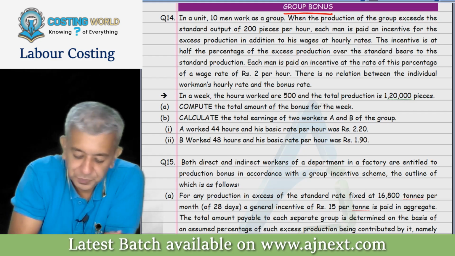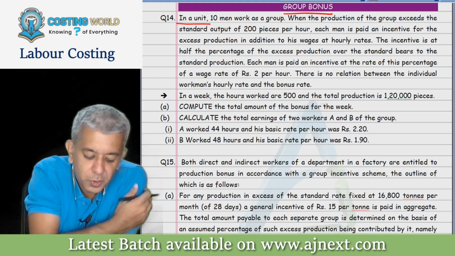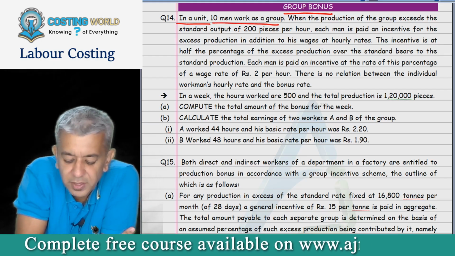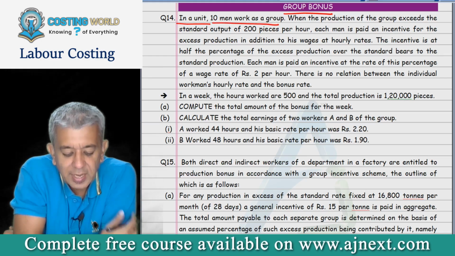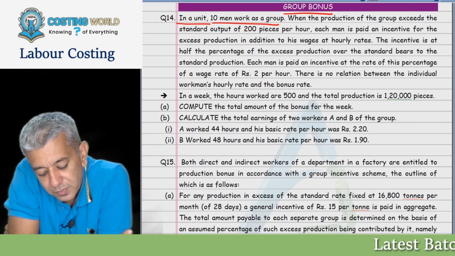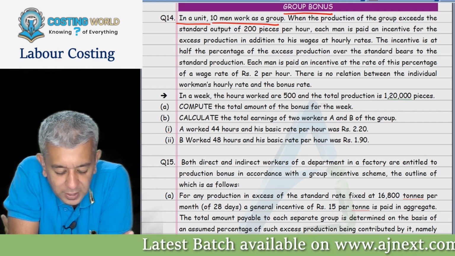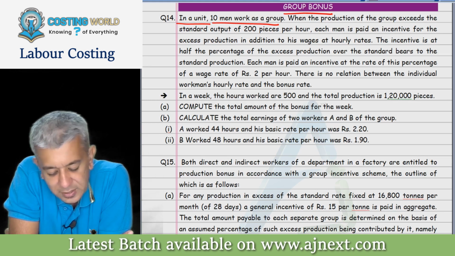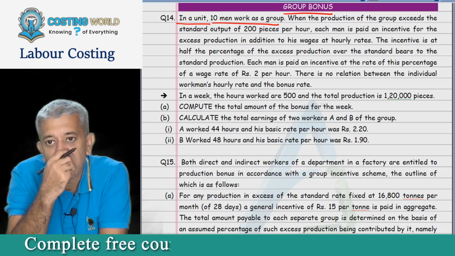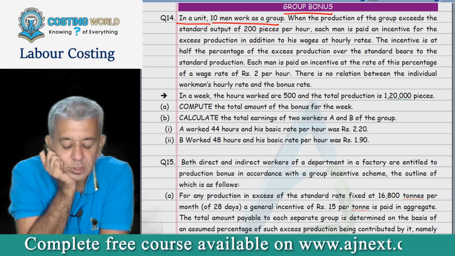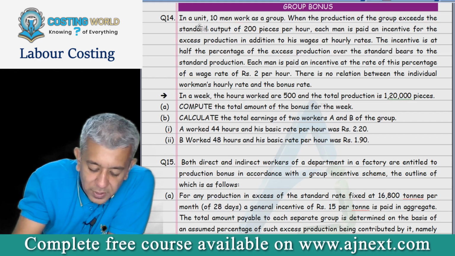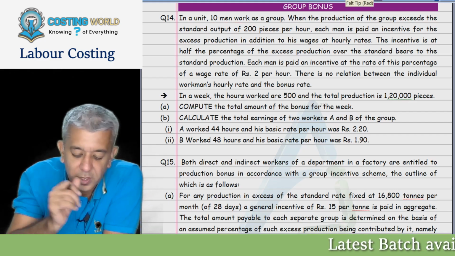Question 14. In a unit, 10 men work as a group. When the production of the group exceeds the standard output of 200 pieces an hour, each man is paid an incentive for the excess production in addition to his wages at hourly rates. Now see, in one unit there are 10 men who work as a group.